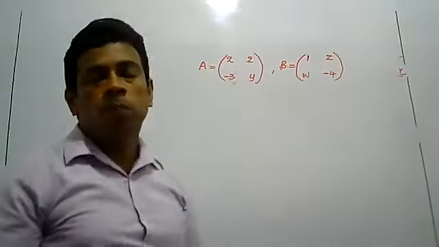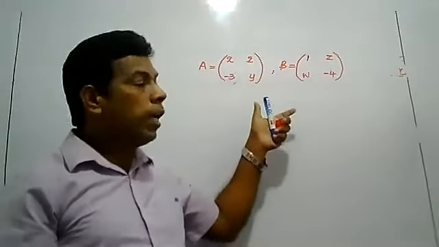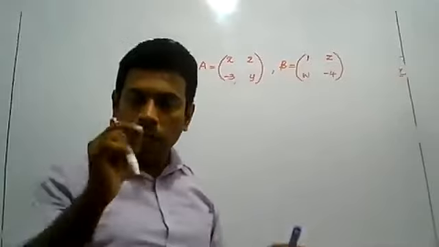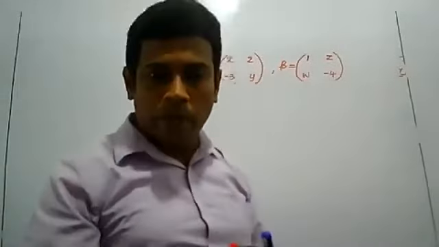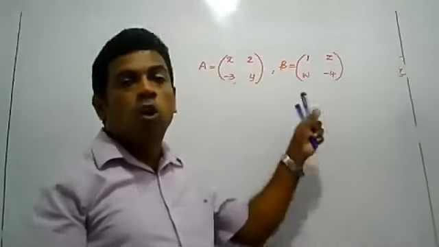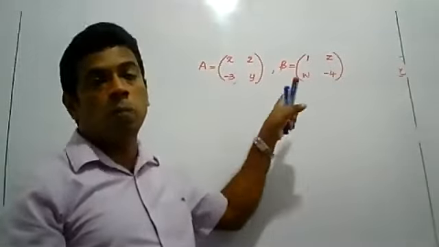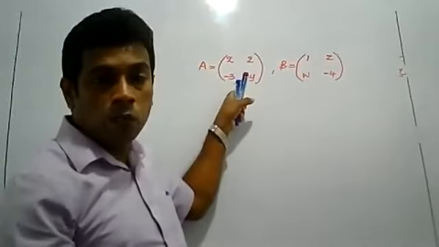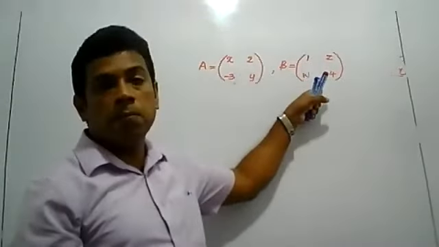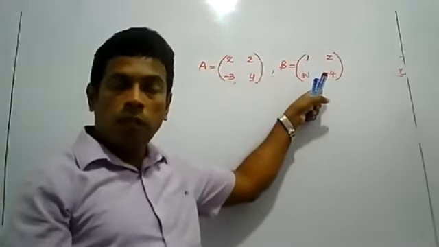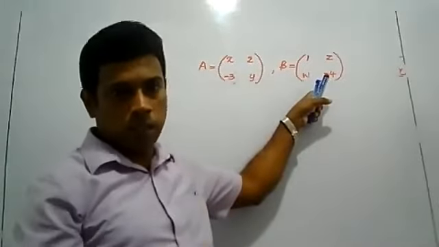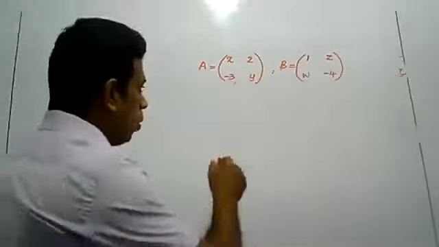Now I want to tell you that matrices A and B are equal. If I say A and B are two equal matrices, the order of the two matrices should be equal. You have seen the order of matrix A is 2 by 2, the order of matrix B is 2 by 2. Therefore, these two matrices are of the same order. Then the first condition is correct: matrices should be of the same order.